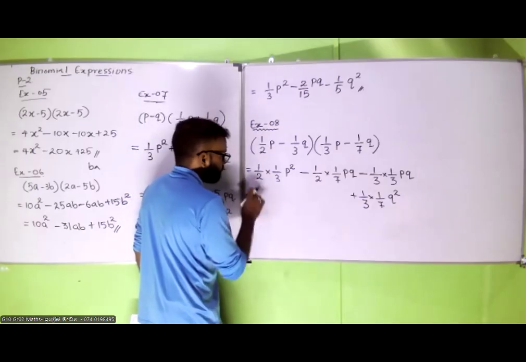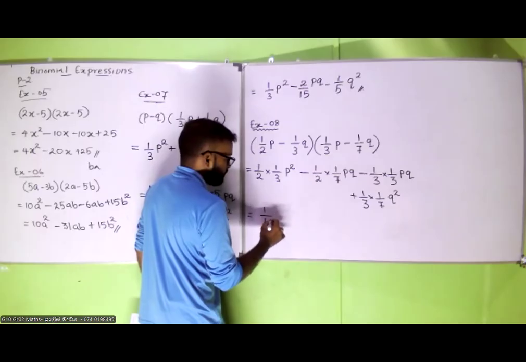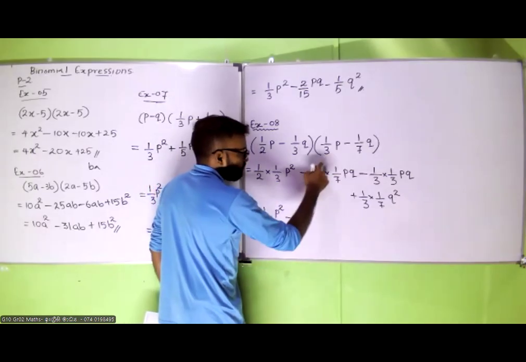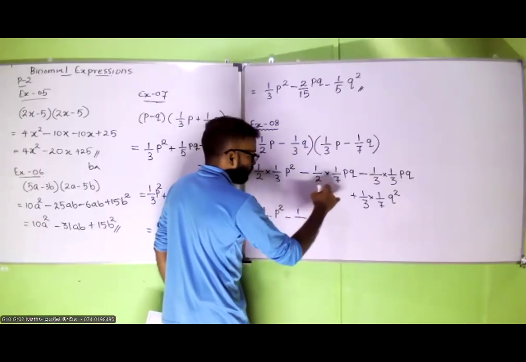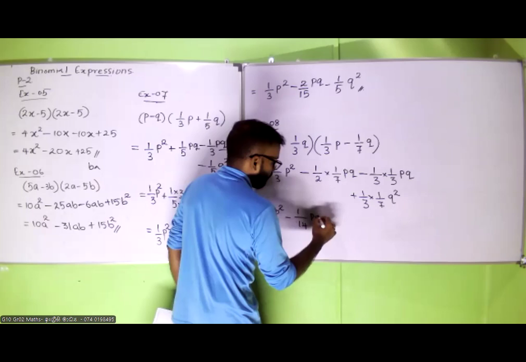Now I am going to simplify. 1 into 1, 1, 2 into 3, 6, P square. Minus 1 into 1, 1, 2 into 7, 14, PQ.